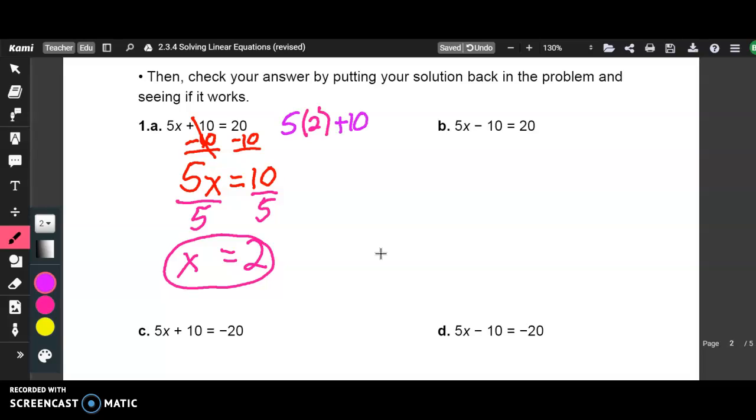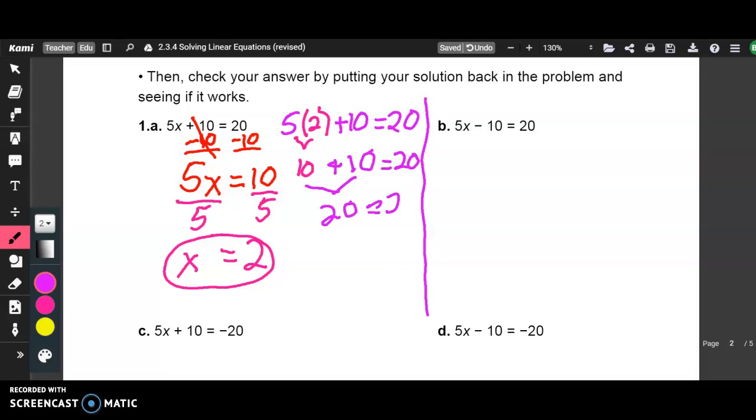Plus 10 equals 20. 5 times 2 is 10. 10 plus 10 equals 20. Well, is this true? 10 plus 10 is 20. 20 equals 20. We did this correctly. So we got the same answer on both sides, which makes sure that we did this problem correctly.